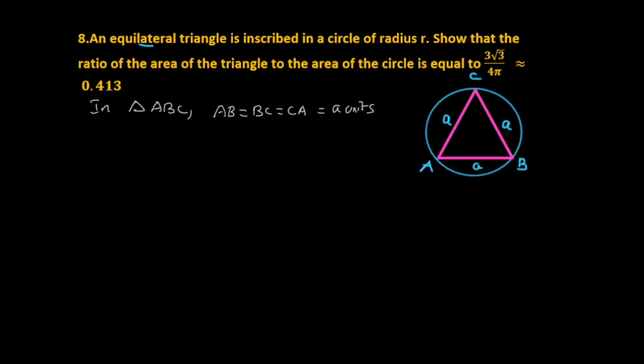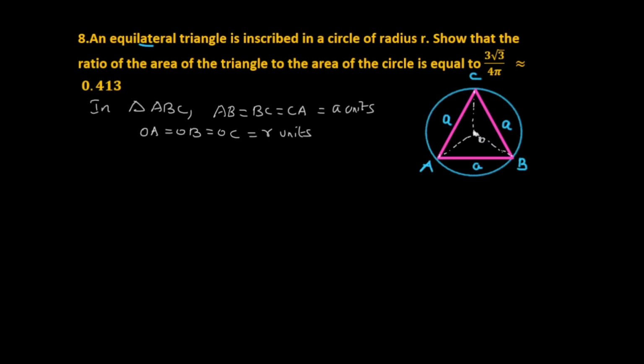Now the circle's center is O. Radius is R. If we join OA, OC and OB, we get the radius because A, B, C are on the circle. So OA is equal to OB is equal to OC is equal to R units.